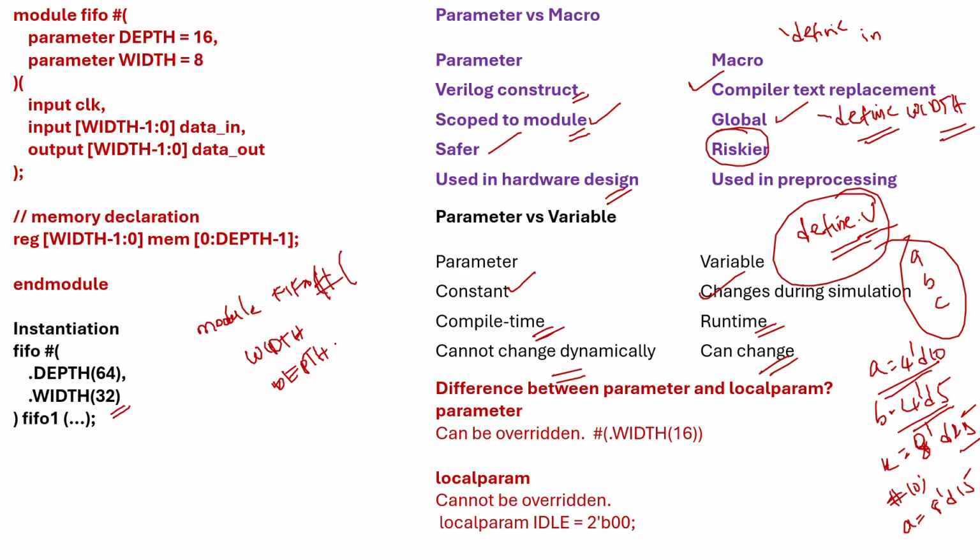Inside the module, whatever parameters you utilize, width is 16 and depth is 64. After that I will utilize other parameters, like input, some width minus 1 down to 0. In this way I will be mentioning the variables. All these are global parameters.